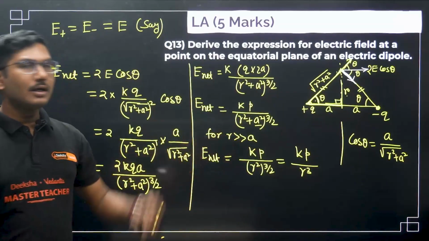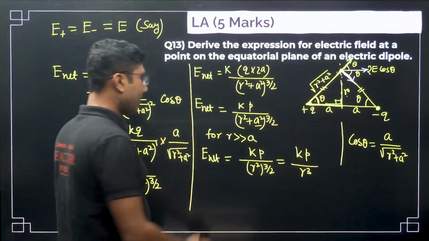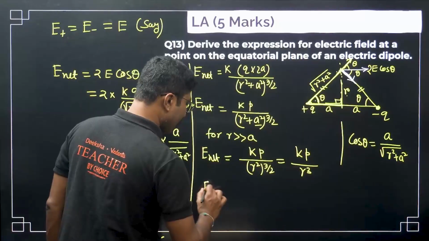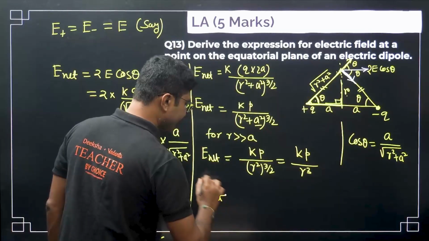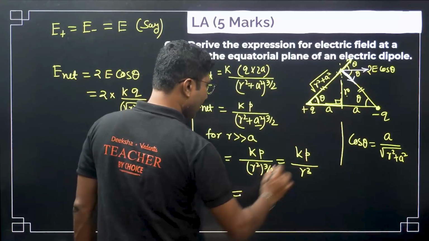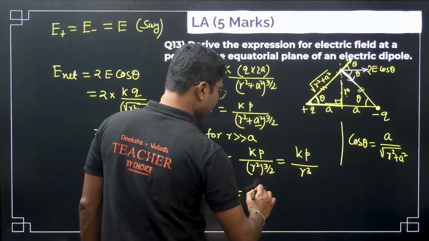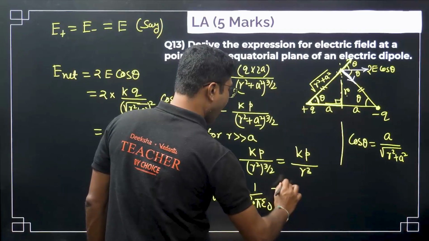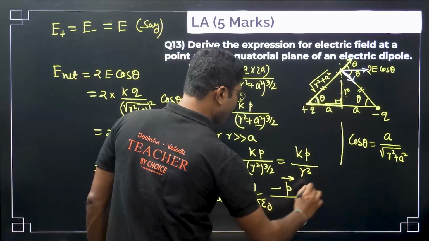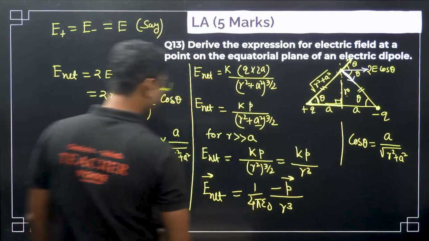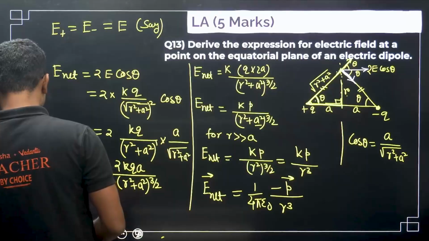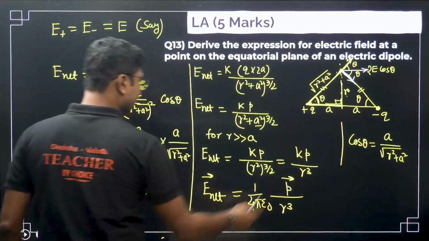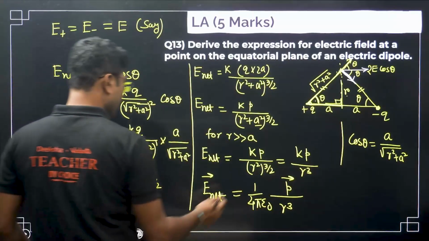So this is the normal derivation, but we will not stop over here, we will write it in vector form. In vector form, the value of k is 1 by 4 pi epsilon naught, minus p vector by r cube. Why is this minus? Let me explain that as well. What is the direction of the dipole moment?